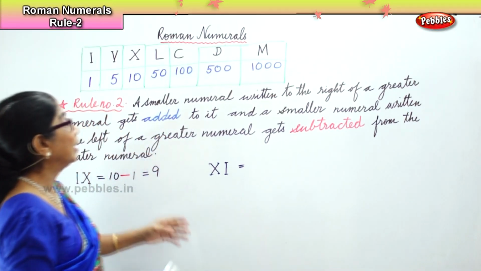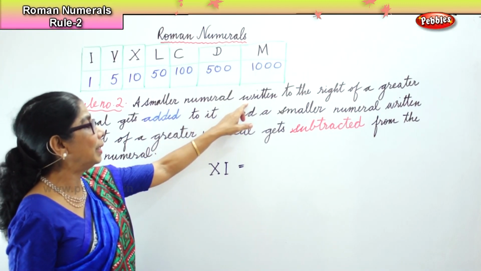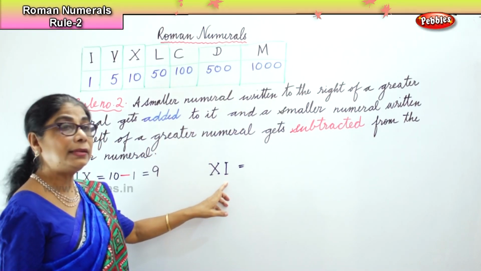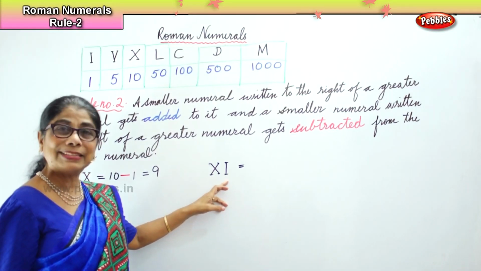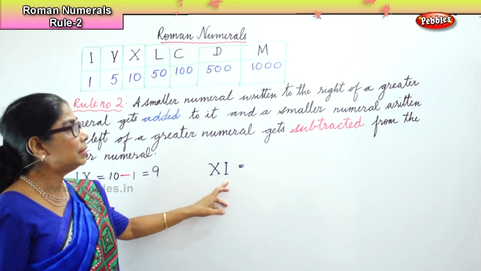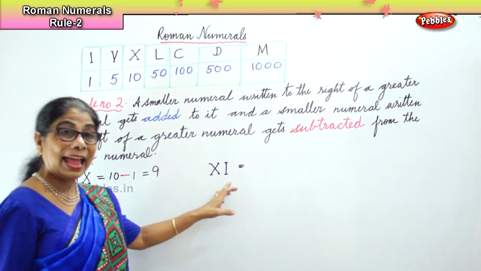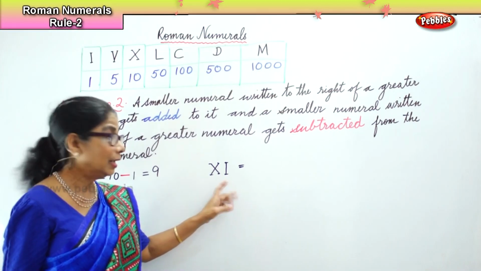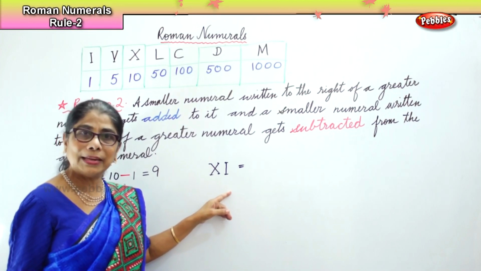Now, a smaller numeral written to the right side. Here we are looking at a smaller numeral, that's 1, written to the right of the greater number 10, which gets added to the numeral. So what is this number? 10 plus 1 it becomes.